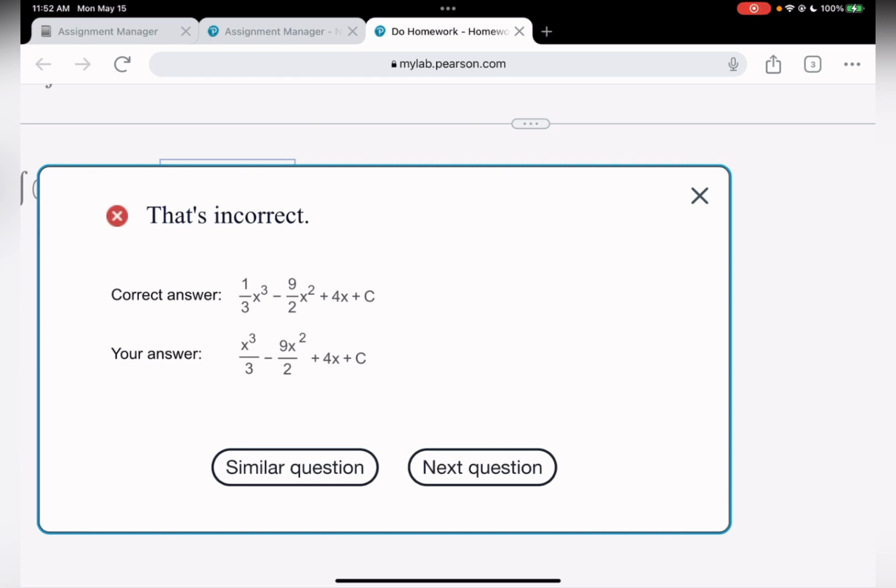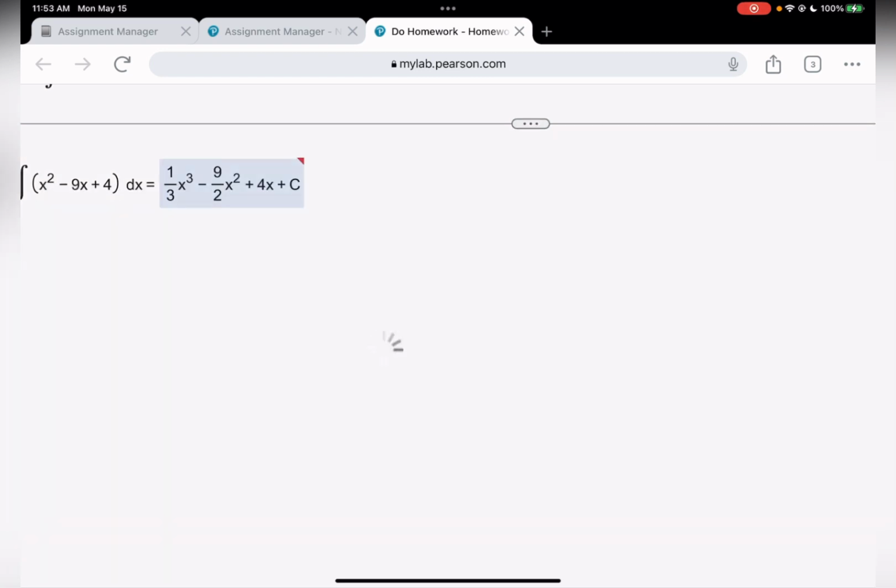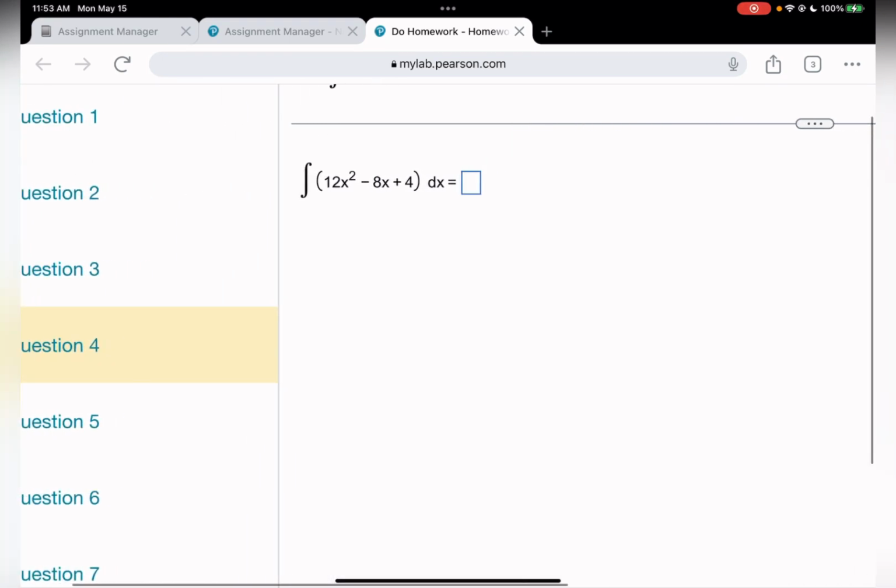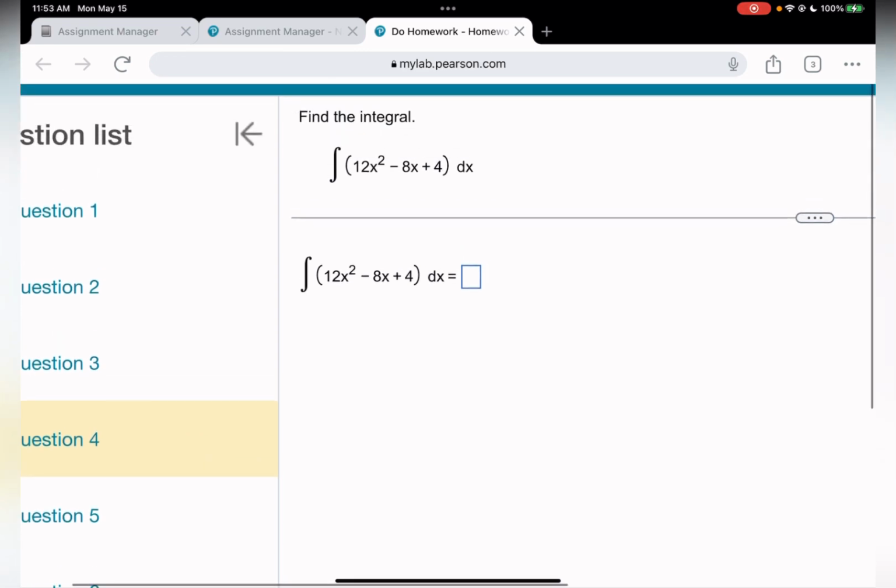So I'm not going to solve another one. I'm going to move to the next one. We consider it as correct. Moving to question number 4. And what do we have here? The same way, so we will be careful.